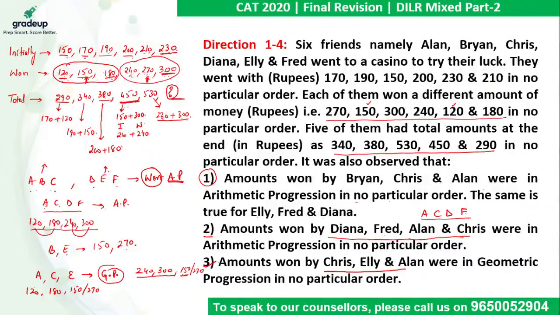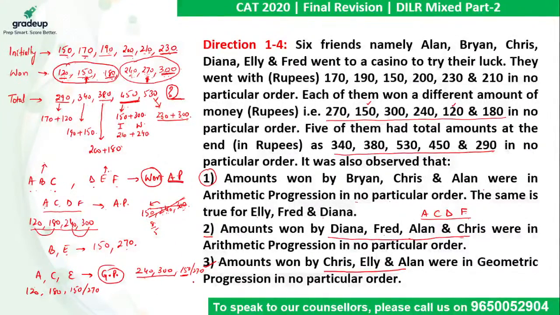If I take the third value to be 150, that is the smallest, so the order we need to study will be 150, 240 and 300. The ratio among these two comes out to be 24 by 15, 3 cancels out, giving 8 by 5. The ratio among the other two is 30 by 24, and it is very clear that the numerator is not a multiple of 8. So this order is not possible.